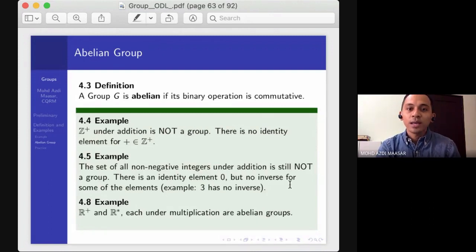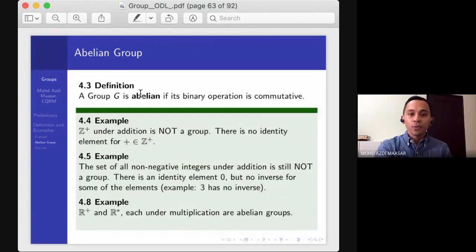Under axiom 1, we can simply conclude that the usual multiplication is always associative. While for axiom 2, we have the multiplicative identity 1 for multiplication in both sets of positive real and non-zero real numbers.